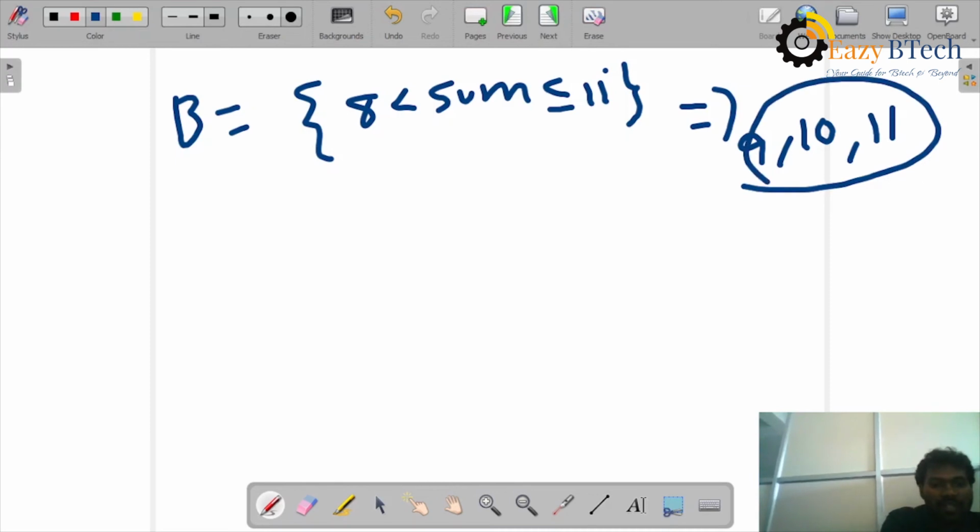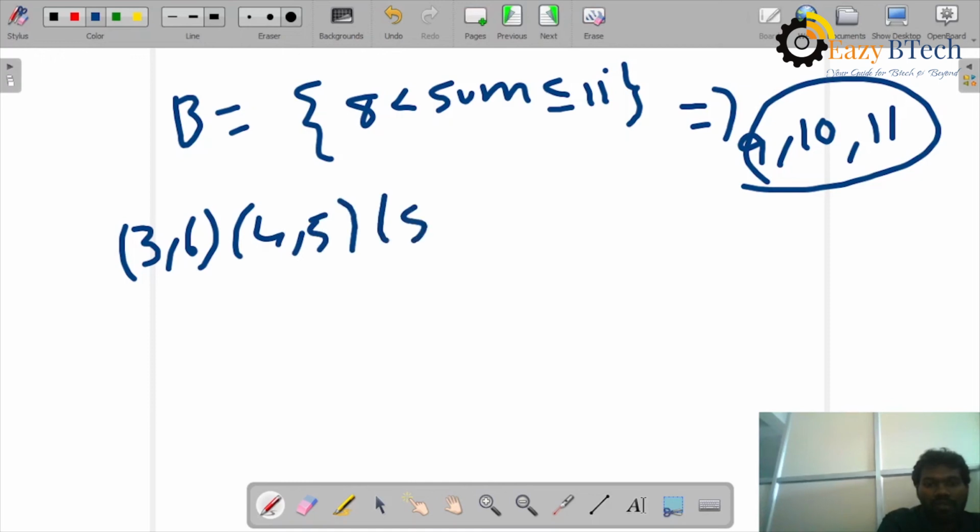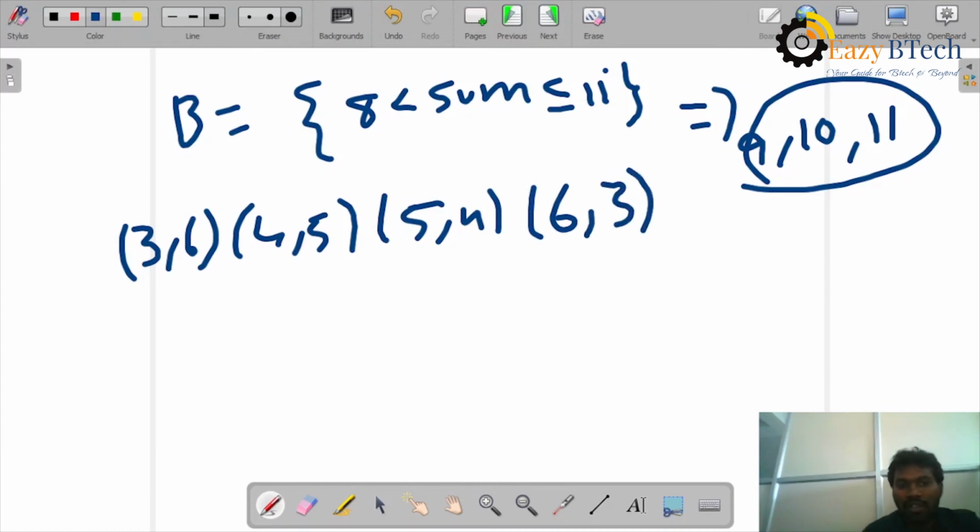So 9 means you can get 3 comma 6, 4 comma 5, 5 comma 4, 6 comma 3. That is in case of 9. Any other chances? These are the chances only.